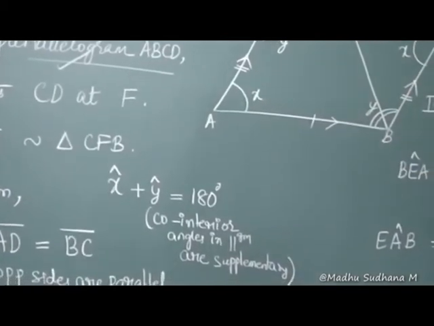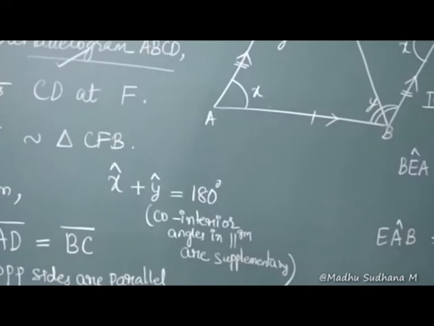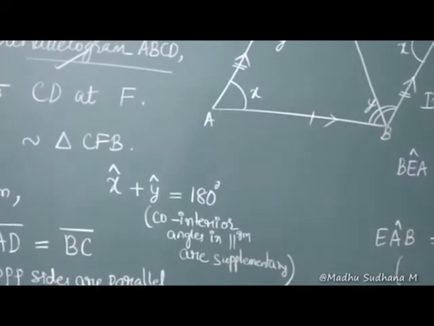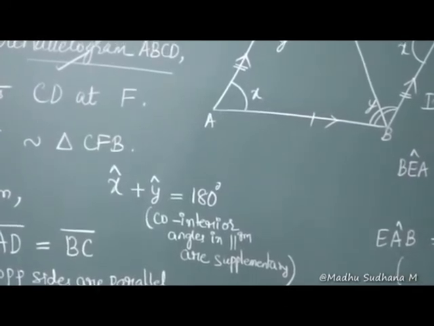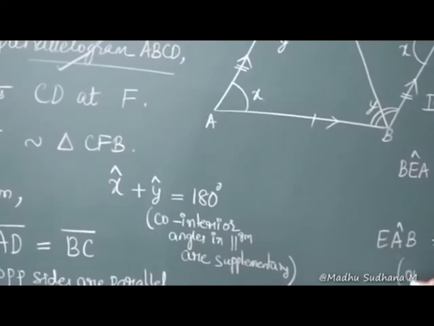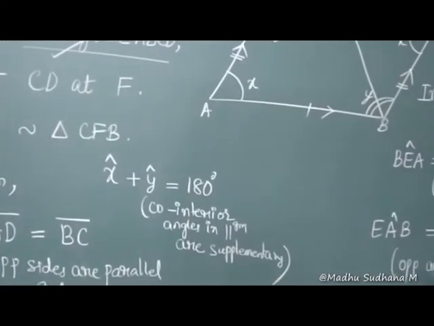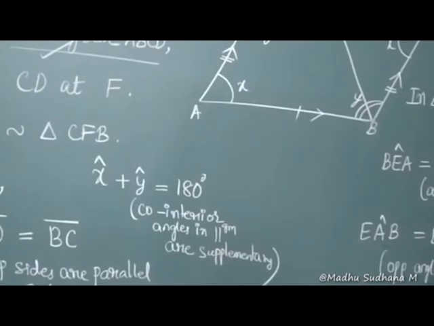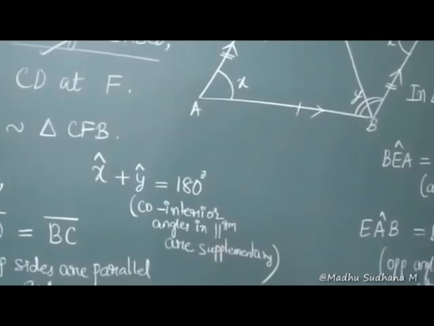So this is B, C and F. Followed it? So I can write this is angle X here, or I can write this is angle A, since opposite angles of a parallelogram are equal.